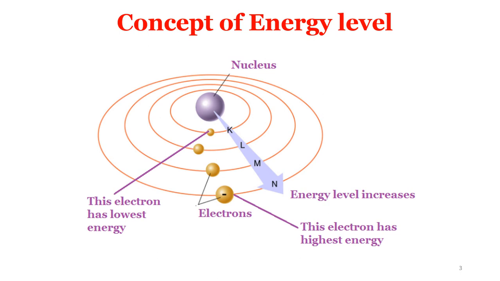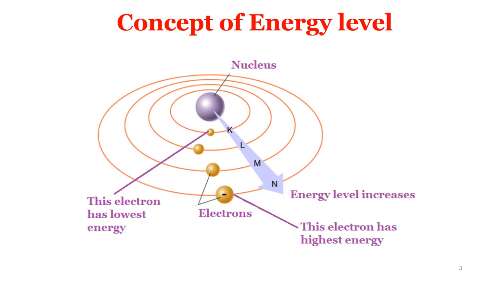The energy of an electron increases as its distance from the nucleus increases. Means the first orbit electron will have less energy compared to the second orbit electron. Similarly, the energy level of the second orbit electron will be less compared to the energy level of the third orbit electron.